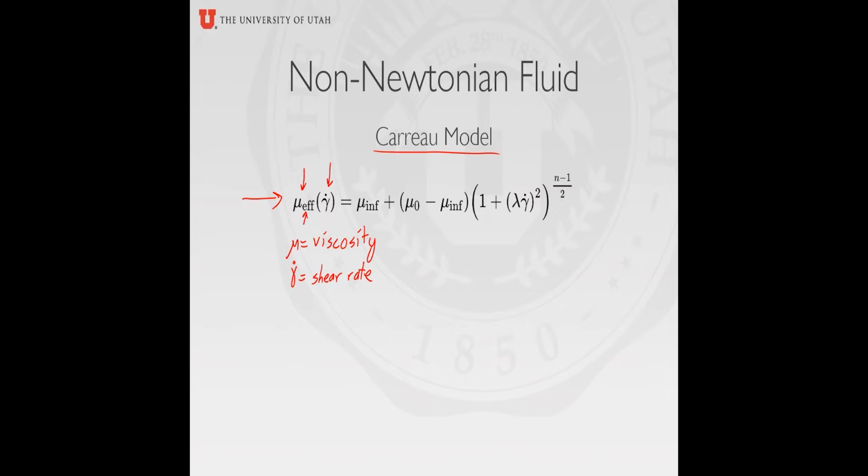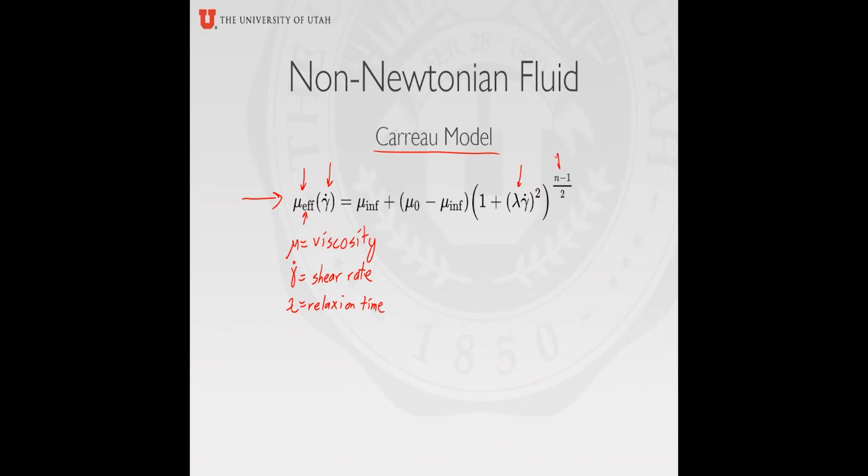We also have a couple of other terms here. We have a lambda, which is relaxation time, which gives us an idea of how long this fluid would have to sit idle to regain extra viscosity.